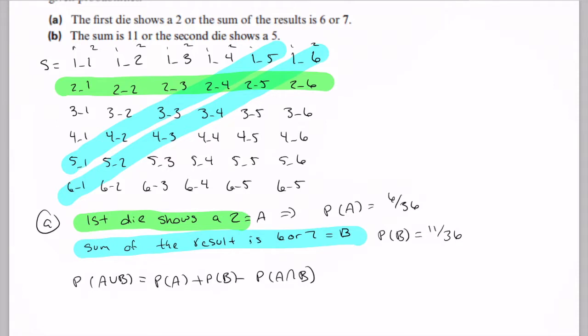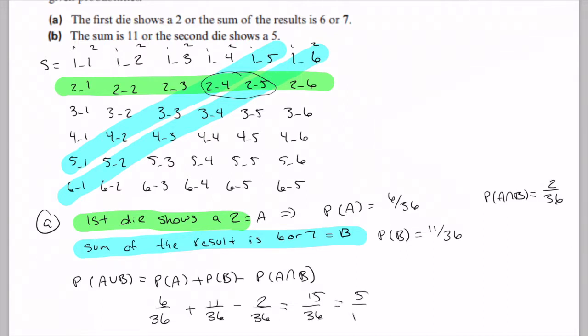And P(A intersection B) is equal to these two right here, so it's 2 out of 36. So 6 out of 36 plus 11 out of 36 minus 2 out of 36 is equal to 15 out of 36, which equals 5 out of 12.